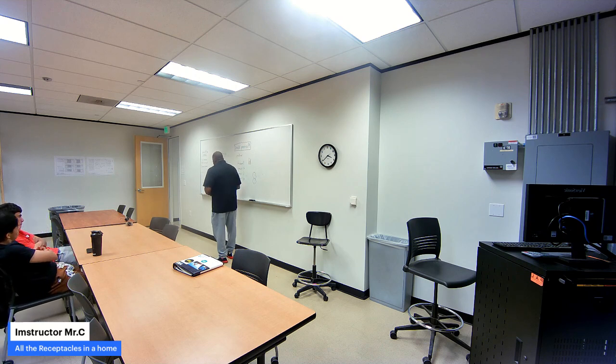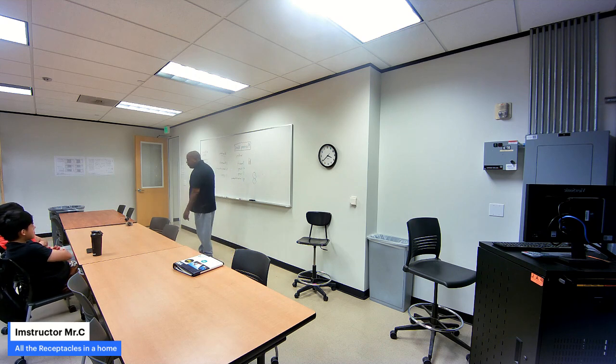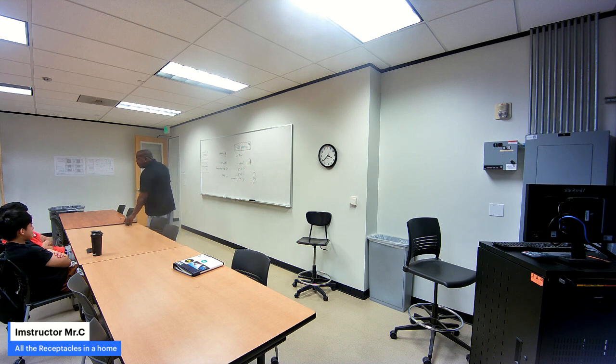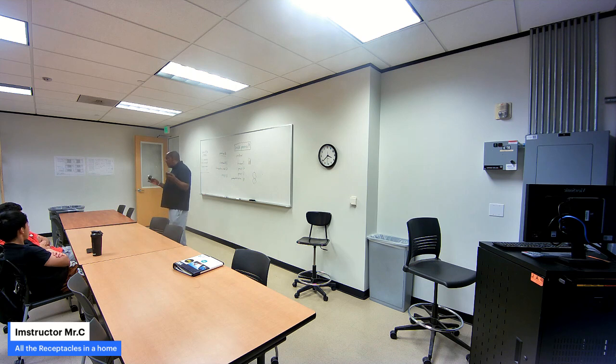The thing I want to talk about is a 30 amp receptacle. You have two different 30 amp receptacles. Can anybody tell me what makes these two different? One is a four prong, one is a three.